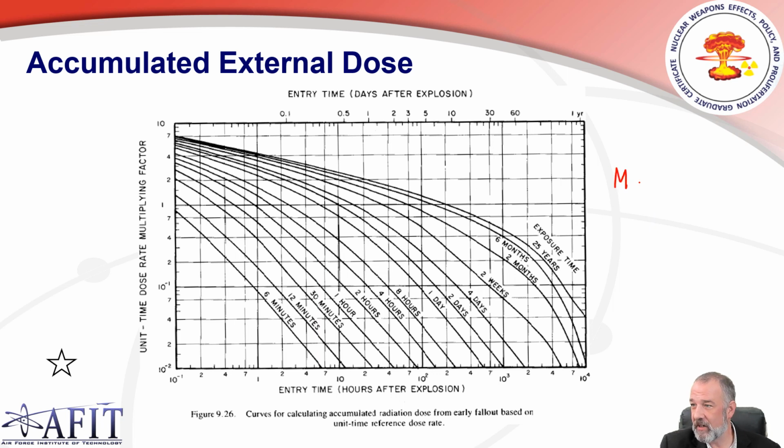So our multiplication factor, let's just call it M, is equal to 0.2. We have our reference dose rate, which we approximated at 30. The book says no, it's more like 32.